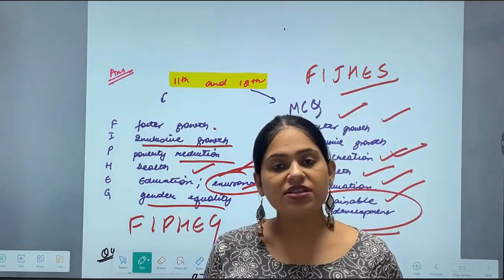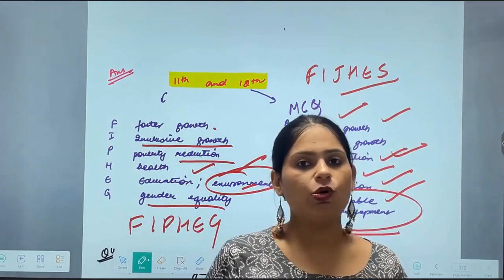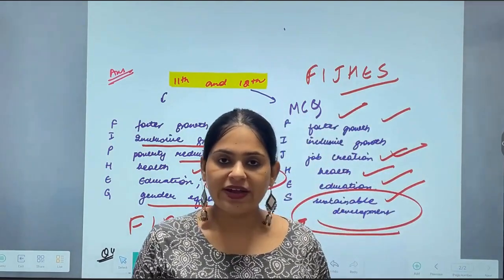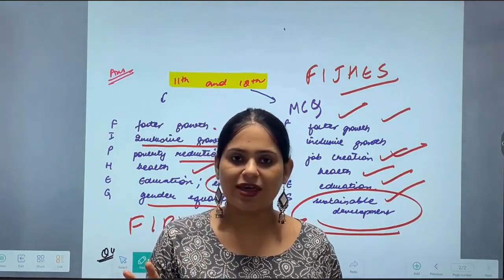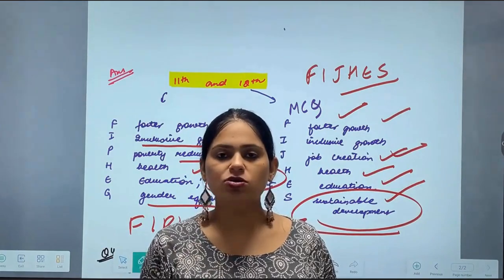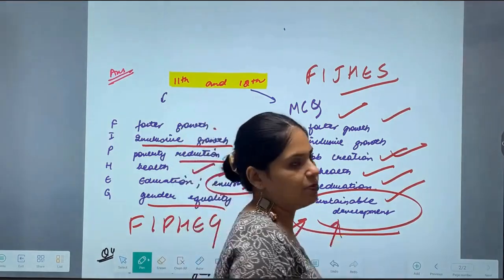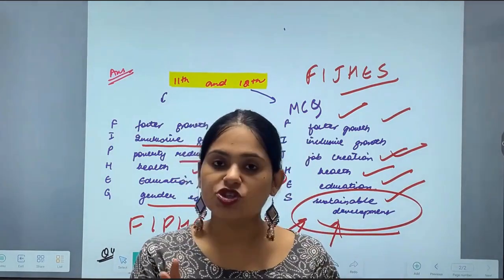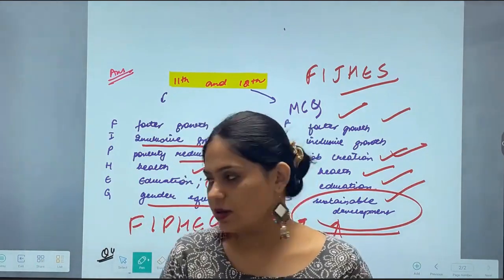So try to see that faster and inclusive growth came in both the 5-year plans, right? Environment was also in both the 5-year plans, job creation also was there, health also, education also. कुछ words हैं जो particular हो जाते हैं, जैसे sustainable development. That is something which is actually mentioned only in the 12th 5-year plan.